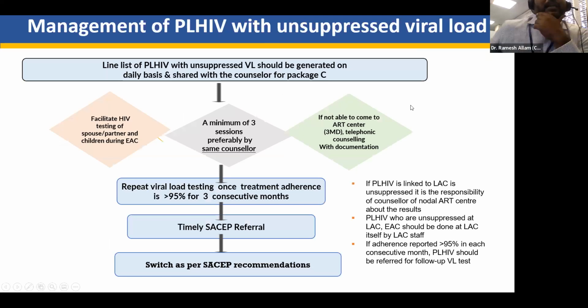Right. Now, again, most of you are familiar with this. All patients who are in package C should get a minimum of 3 consecutive EAC sessions. And one important thing that we usually forget is that in most of the unsuppressed cases, if there is a spouse or a partner or children, they should be referred for index testing.